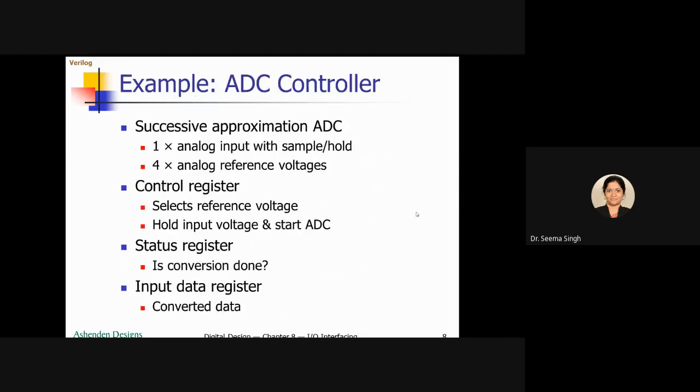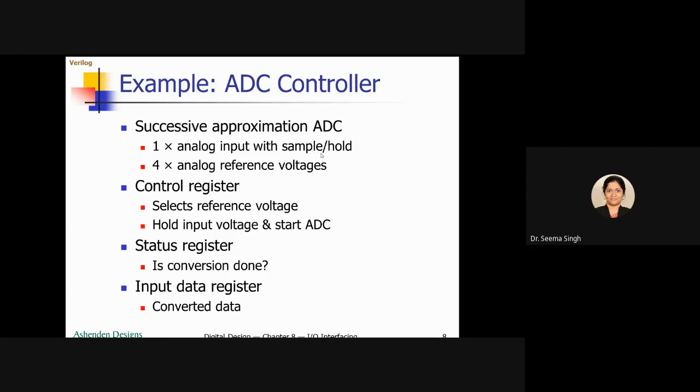To understand that, you have to see what all we are talking about. Successive approximation ADC, you already know what it does. It will have one analog input with sample and hold. I hope you remember your ADC.